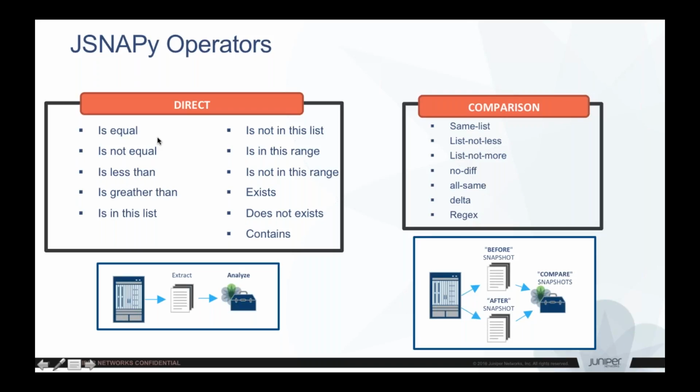So the operators that are available for you to write test cases in the case of direct mode could be an equal to operator, a not equal, a less than, greater than, in a range, not in a range, contains, etc. In the case of a comparison, the test cases can be built using operators like: is the list of data that you get the same, are all the options the same.